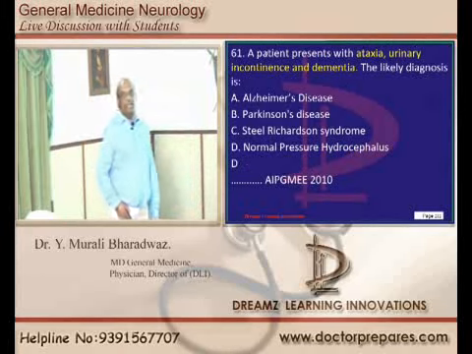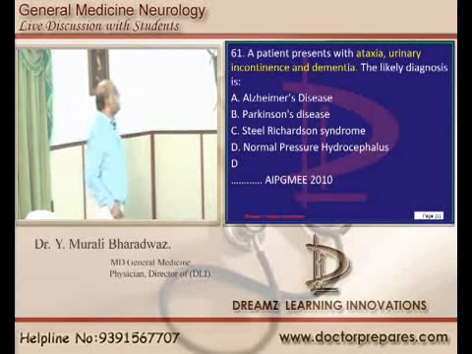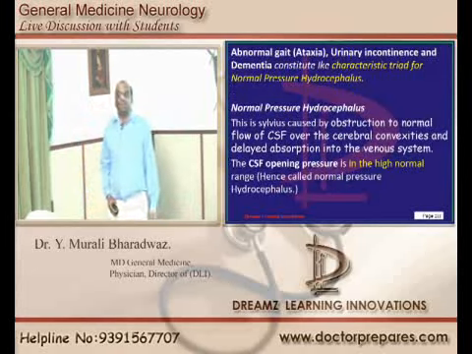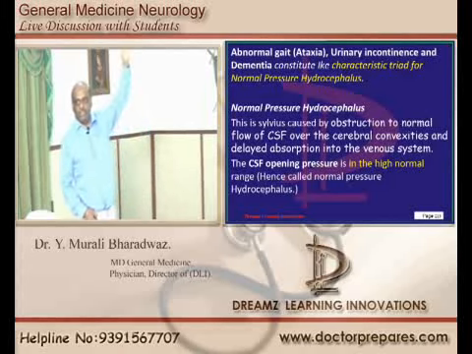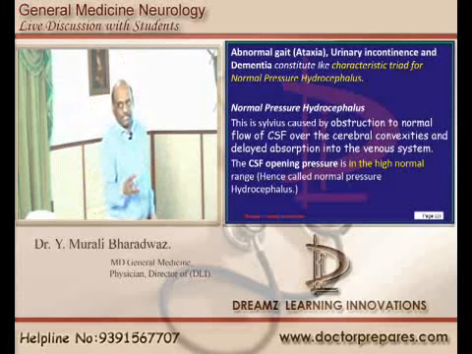A patient has got ataxia, urinary incontinence and dementia. All India 2010 question. What is your diagnosis? Classical triad. It is the triad of what you call normal pressure hydrocephalus. In these people, what is the problem? The normal flow of the CSF on the cerebral convexities into the venous system. Basically, CSF is produced in the choroid plexus.